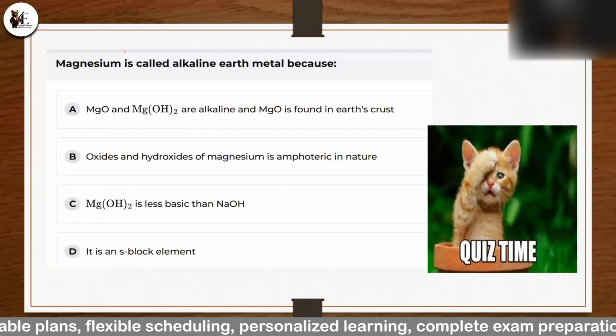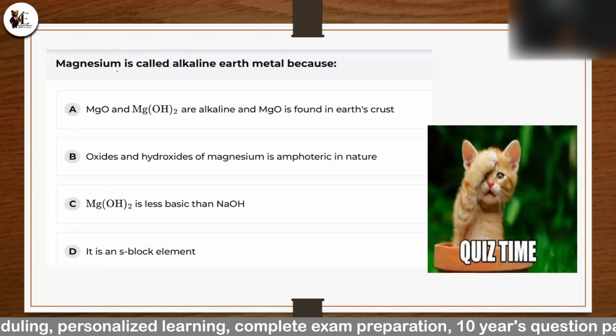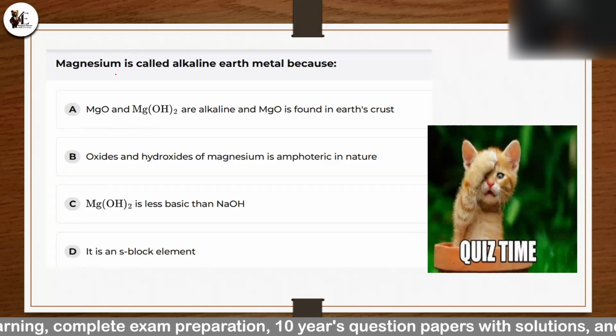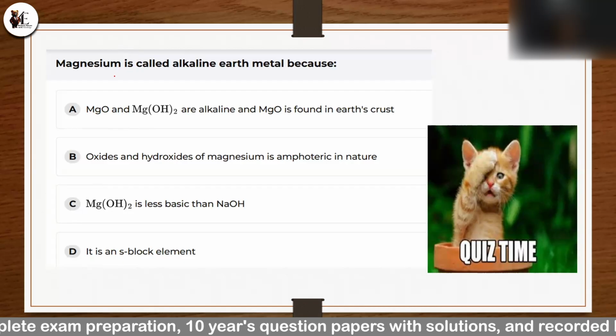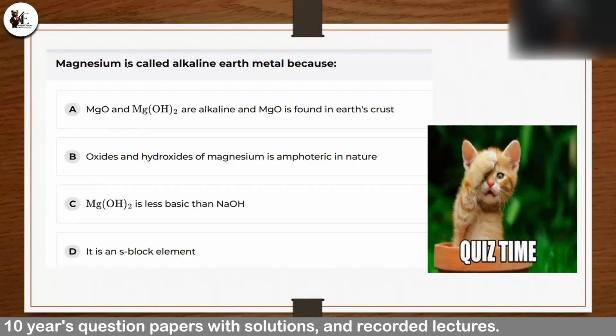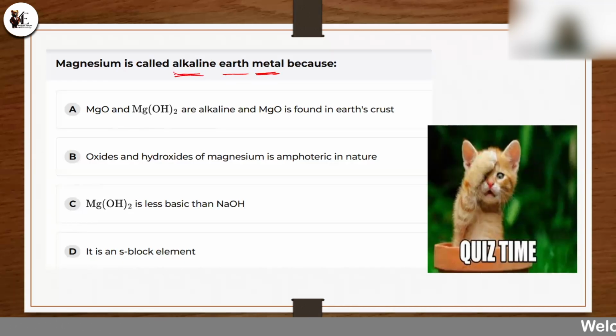Magnesium is called alkaline earth metal because it is an S block element. Yes, the answer is D. It's called an alkaline earth metal. I have told you the explanation why it is called alkaline and why it is called earth.